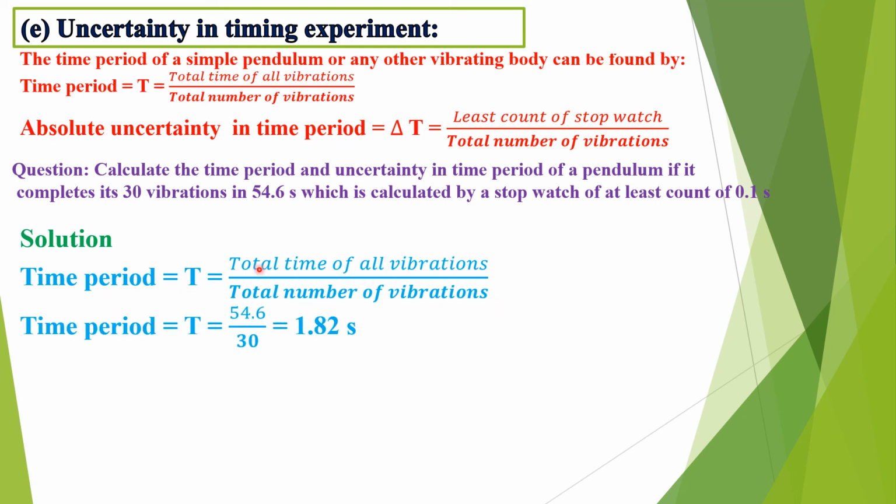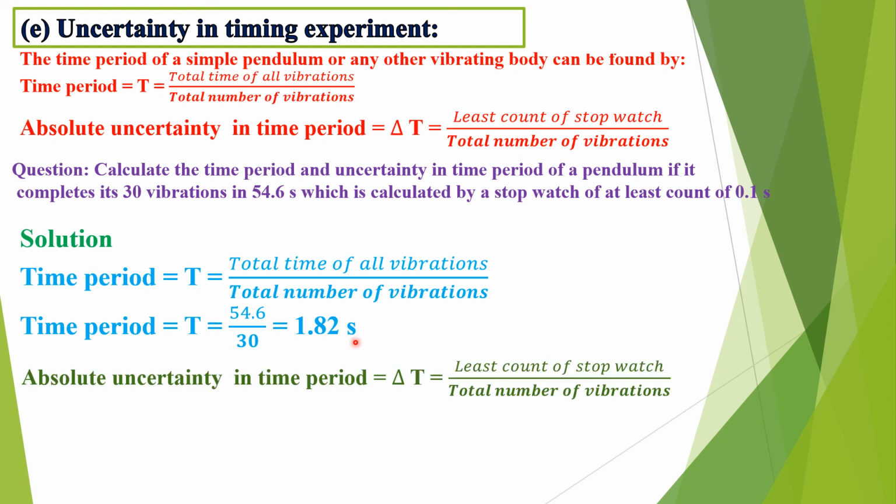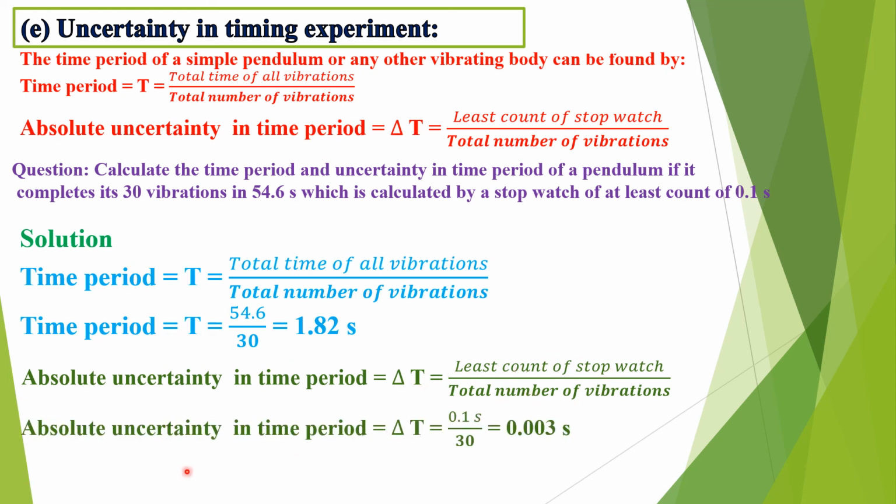By putting the values, we get time period equal to 54.6 divided by 30, which is equal to 1.82 seconds. Now for calculating the absolute uncertainty in time period, we use the formula and put the values, and we get delta t equal to 0.1 second divided by 30, and that is equal to 0.003 seconds.